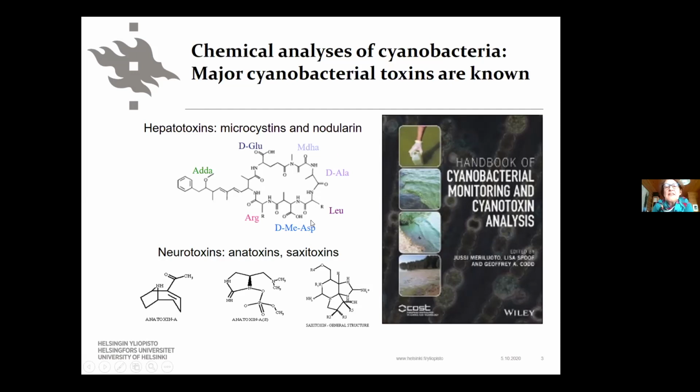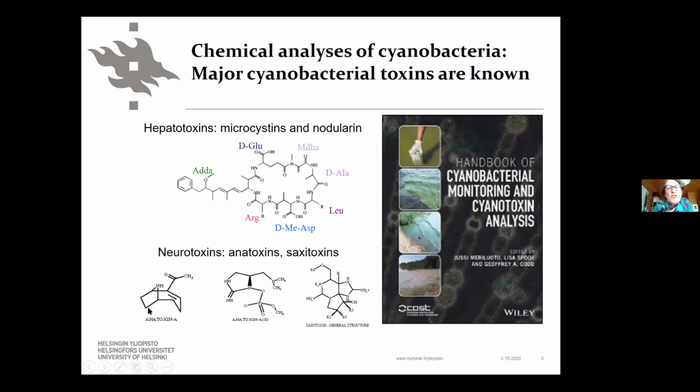It's only missing these two amino acids here. It's a pentapeptide, while microcystins are heptapeptides. And there is a special feature, this unusual amino acid ADDA, which is found only in these cyanobacterial toxins.